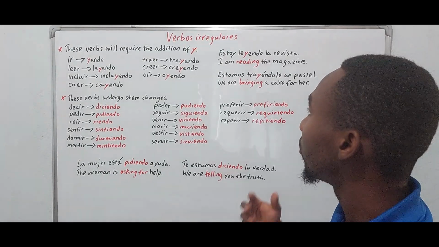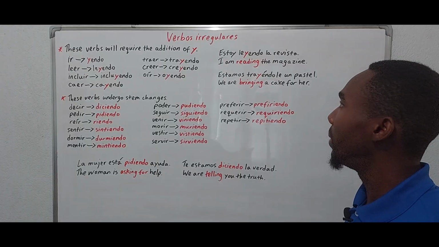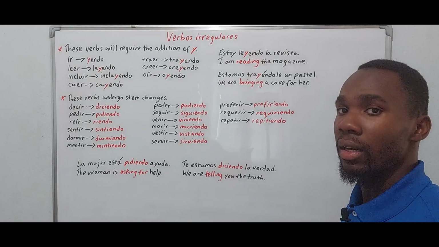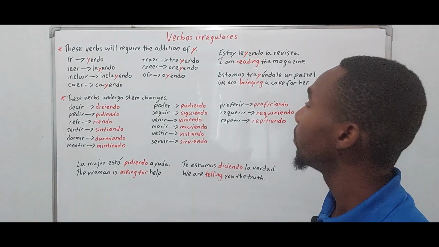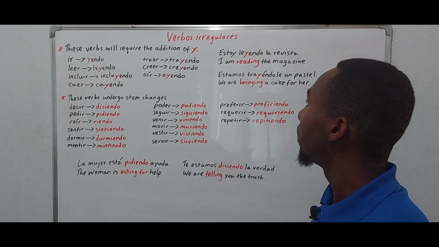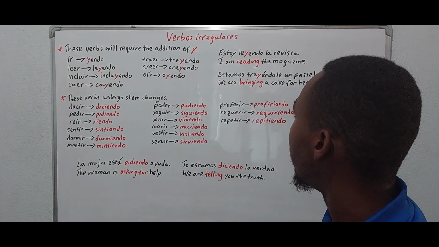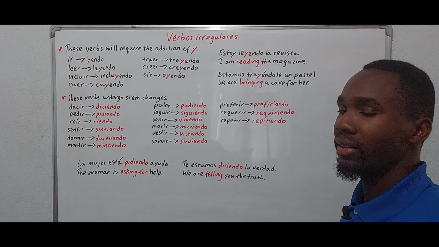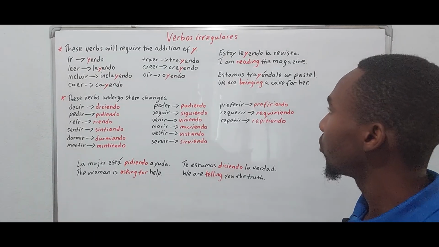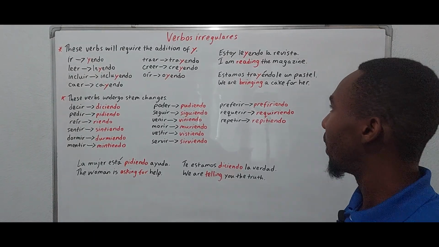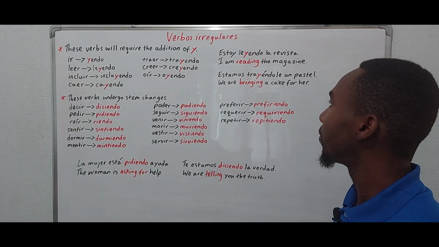Okay? So, estoy leyendo la revista. I am reading the magazine. Leyendo. Estamos trayéndole un pastel. We are bringing a cake for her.